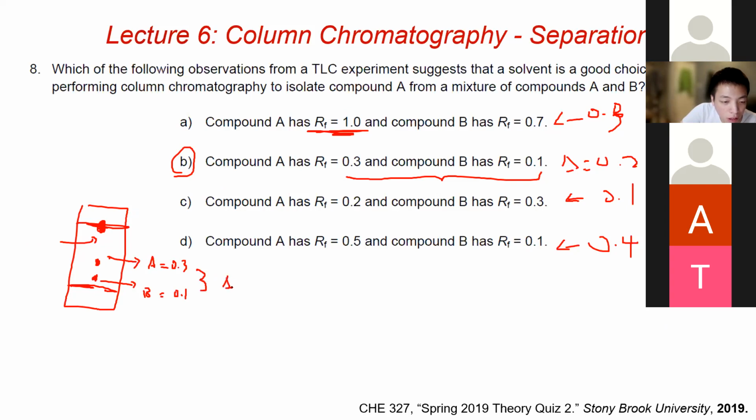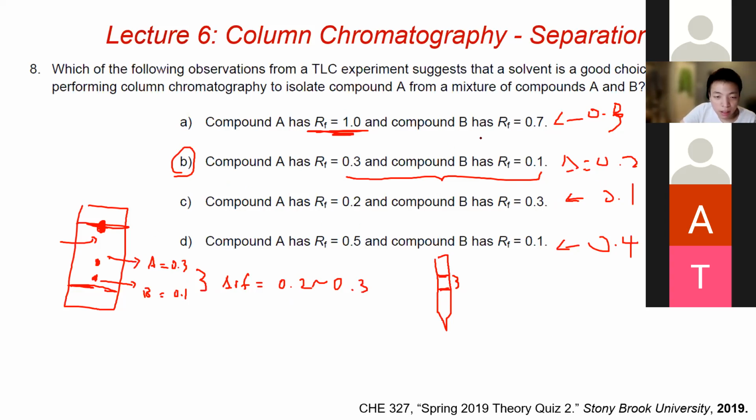We want the difference in the RF value to be around 0.2 to 0.3, around this area, and this sits at 0.2, so it's acceptable. So when you create the column, the separation will be good enough that they won't stack or mix with one another.